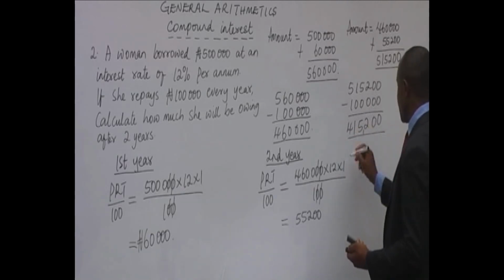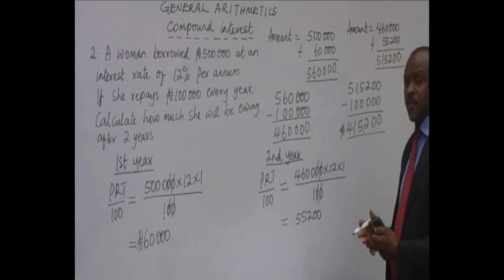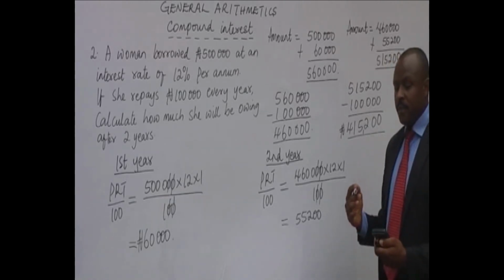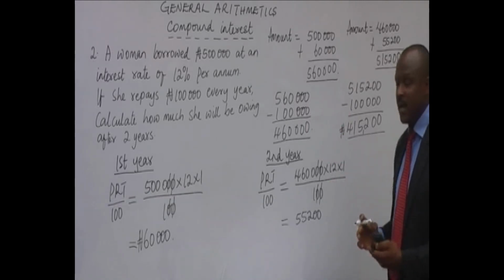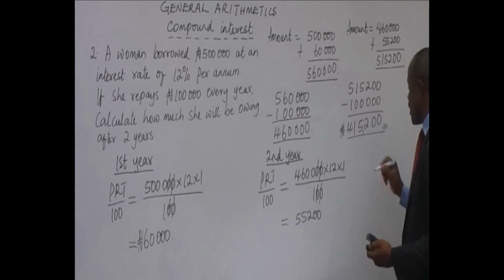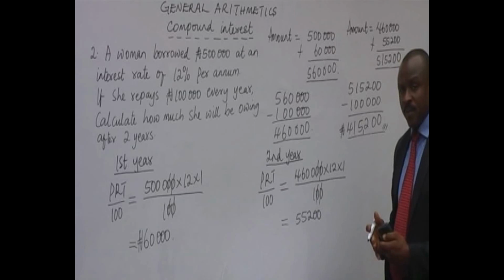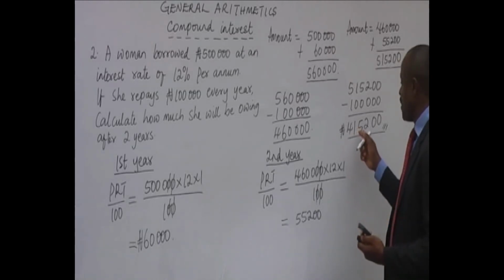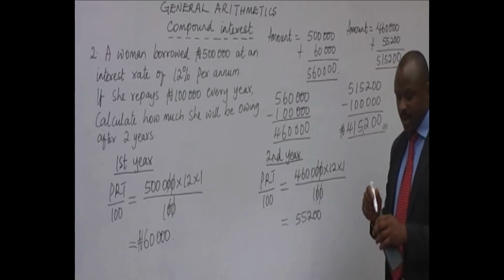That means after 2 years, if she is faithful to her promise of paying 100,000 every year, she will only be owing the parastatal from where she borrowed the money. It may be a bank. She'll be owing the bank 415,200. And that has brought us to the end of that question.